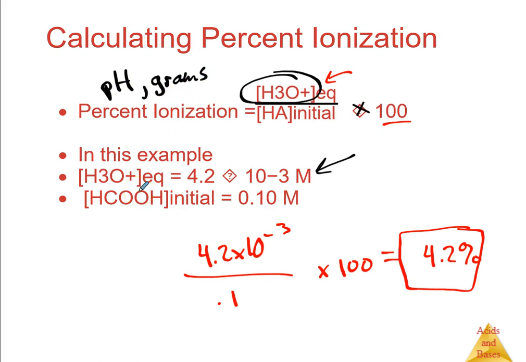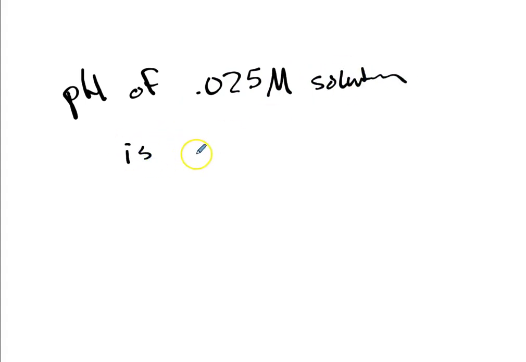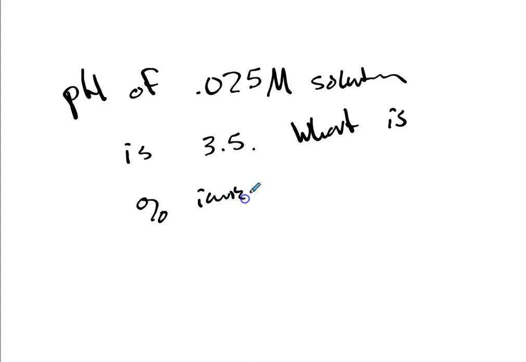So it would say, your pH of a 0.025 molar solution, and who cares what the identity is, like HCl or whatever, is 3.5. What is percent ionization?